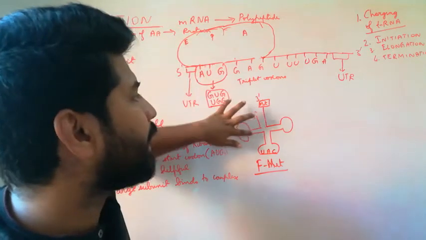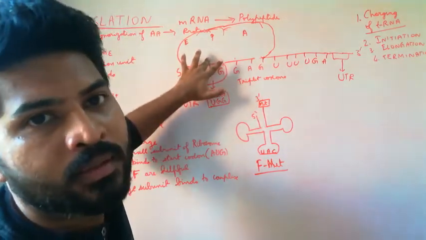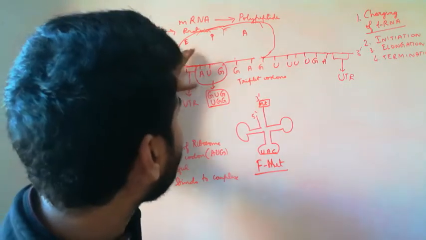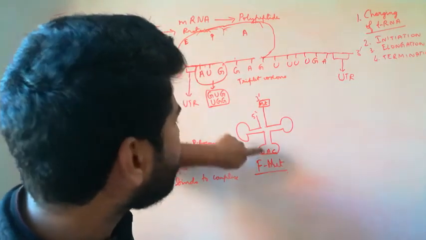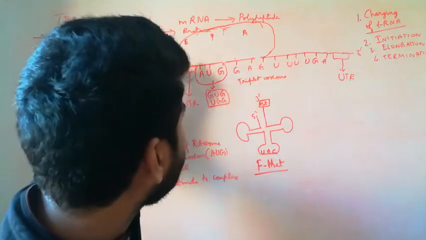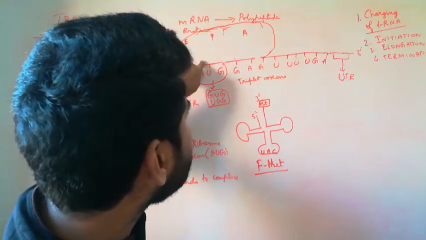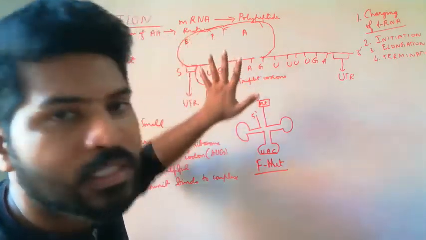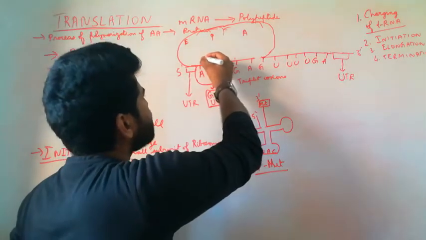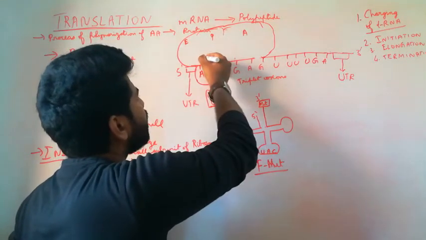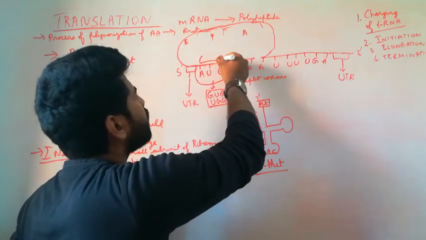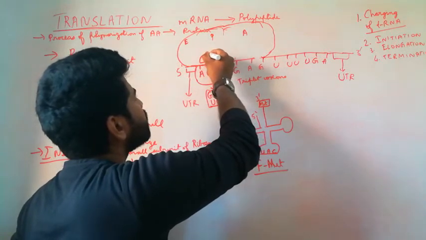So they don't directly bind to the start site. They will keep on walking, and when the anticodon arm coincides with this codon AUG, it will stop over there.